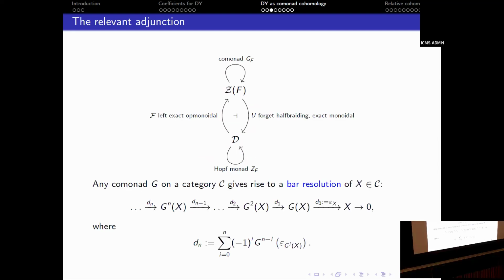So if you are given a comonad on a category C, and C will be our generalization of the Drinfeld center, it gives rise to a bar resolution. And the bar resolution is very obvious. So if you know what an adjunction is, you see it right away. You are applying G several times, and then from the counit of the adjunction, by applying it at various spots, you get the differential via an alternating sum.